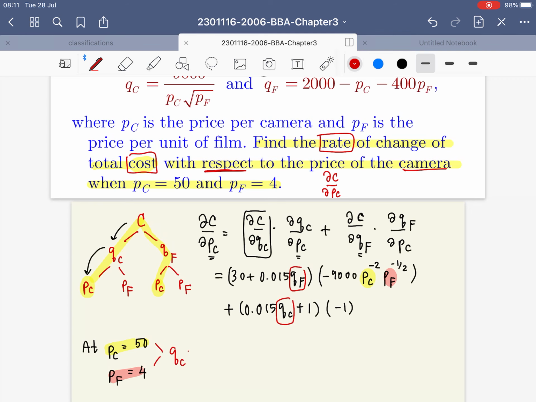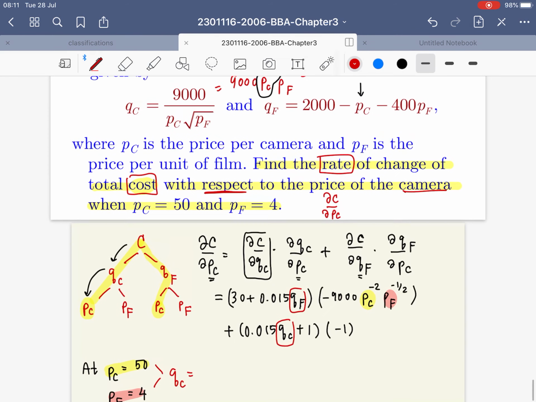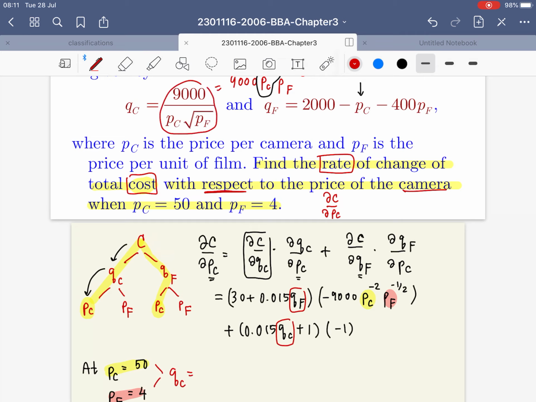You can figure out the Q_C by this relation. So it is 9,000 over your P_C, which is 50, and the square root of P_F, which is 4. So at the bottom it is 100, right? So it is 90 for your number of cameras.